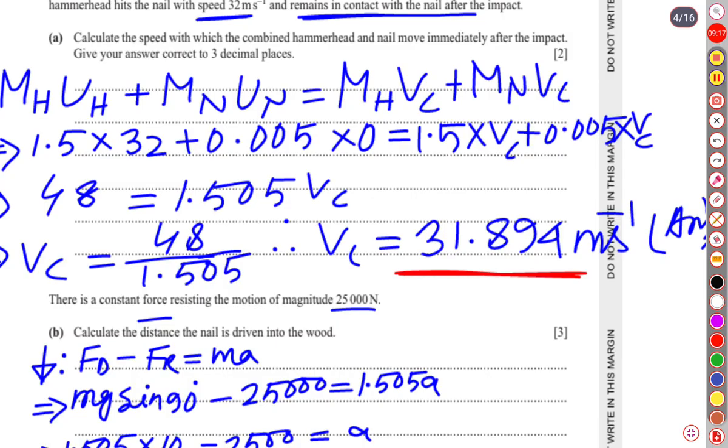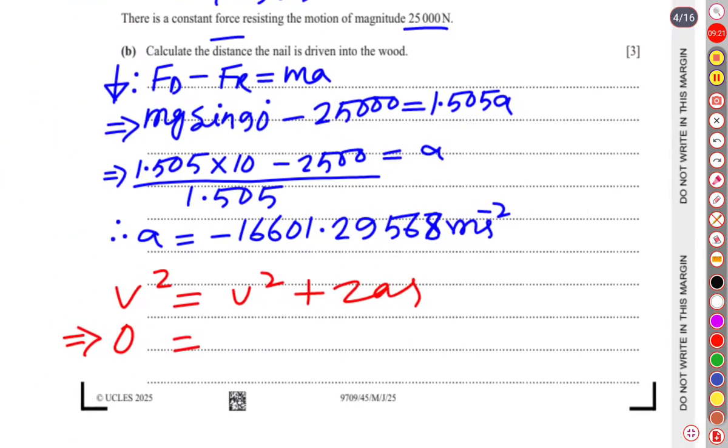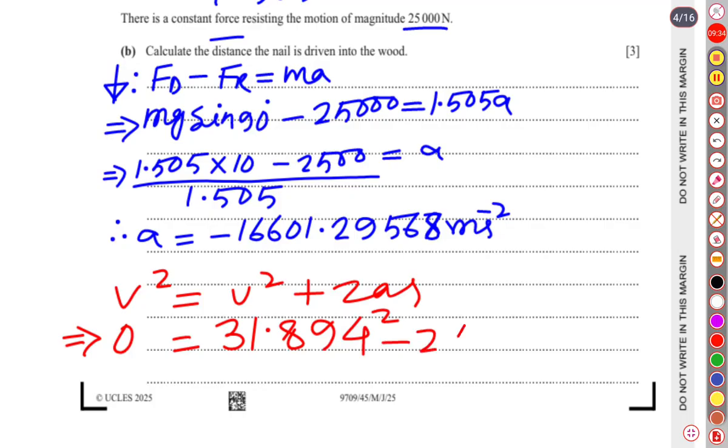So it is going to be 31.894 square, plus, as acceleration is negative, 2 into acceleration, 16601.2956, into s.